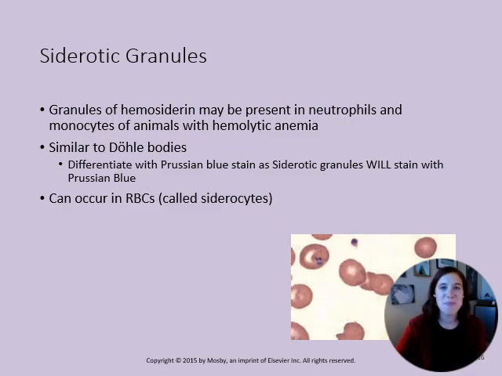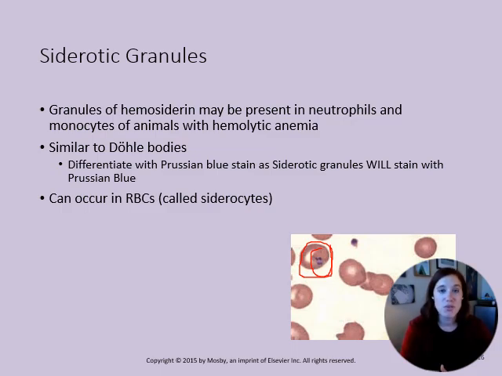Okay, so how do we tell the difference between these? Well, here in this picture, you can see that there's some granulation, or I don't want to say granulation, there's pigmentation that's occurring within these cells, specifically these red blood cells. The way that you differentiate this is the stain that you use.